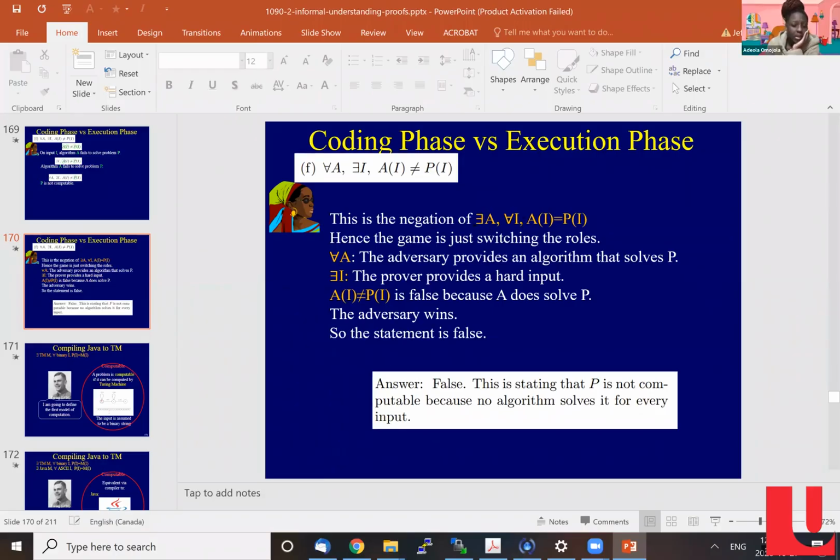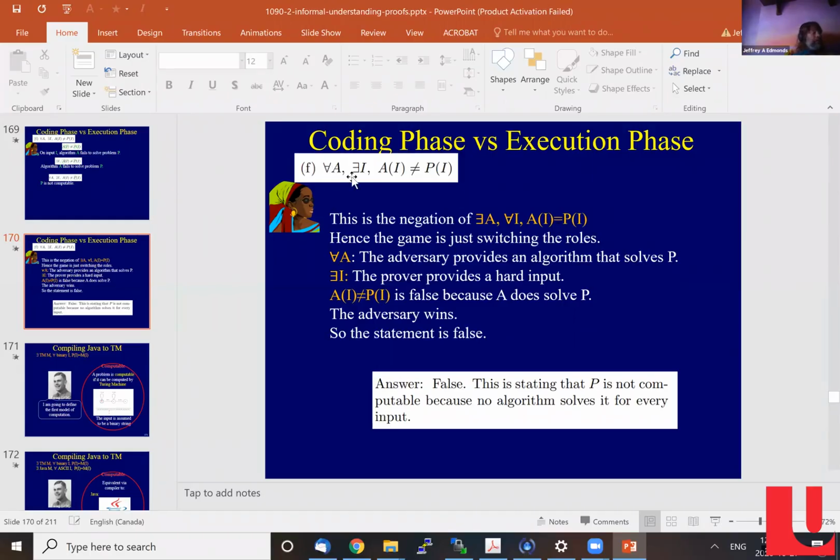The one in orange is saying that P is computable. It's saying that there exists an algorithm that gives you the right answer for every input.